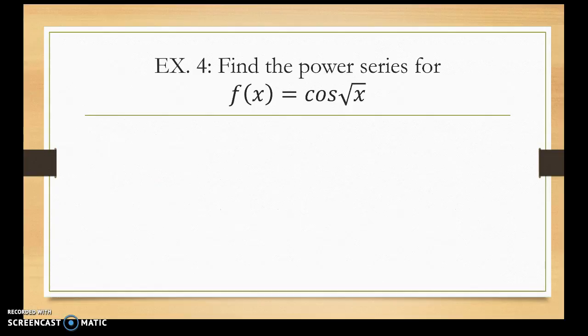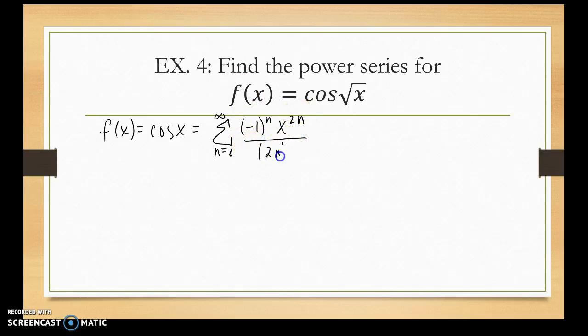All right, find the power series for cosine of square root of x. All right, so I know that the series for the cosine of x is defined as (-1)^n x^(2n), all divided by 2n factorial. And I'm sure you're thinking, do I have to memorize this?